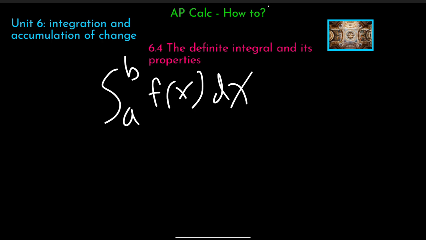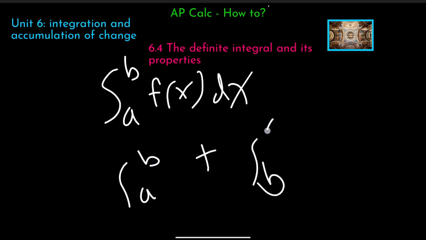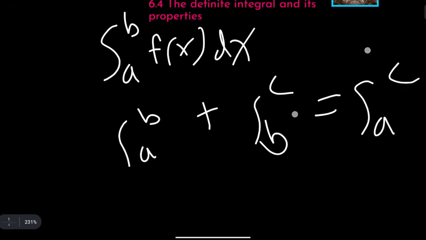Key properties of definite integrals are additivity. You can add integrals, so an integral from a to b plus an integral from b to c equals the integral from a to c. You can reverse limits.